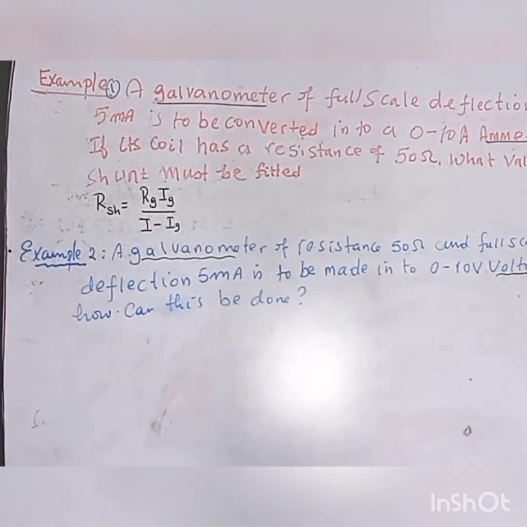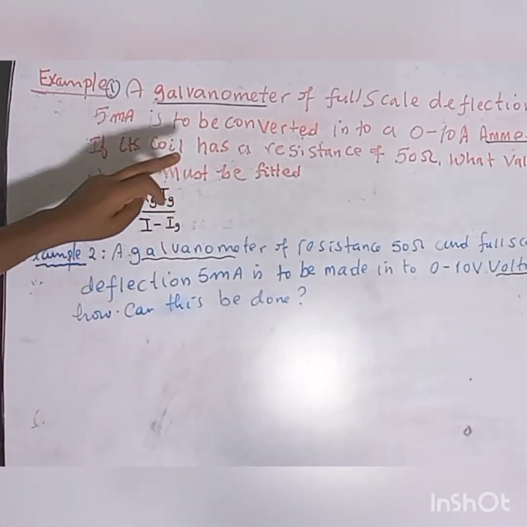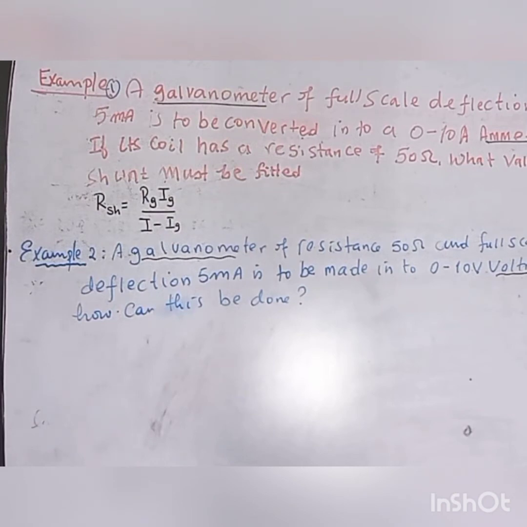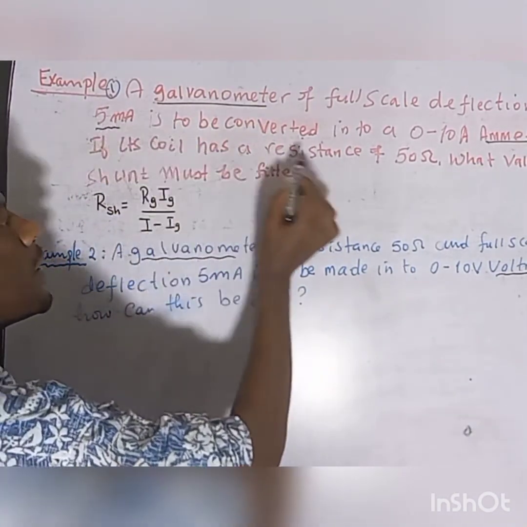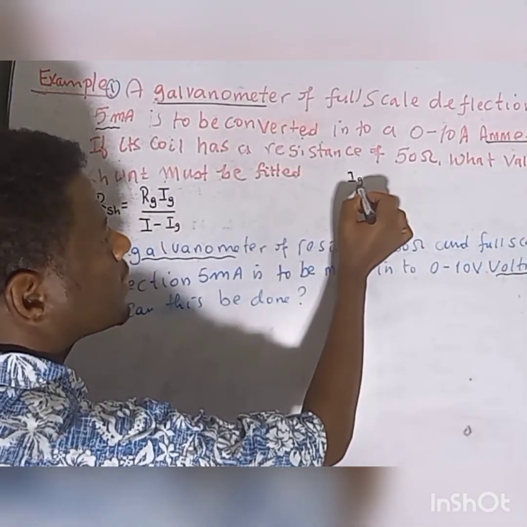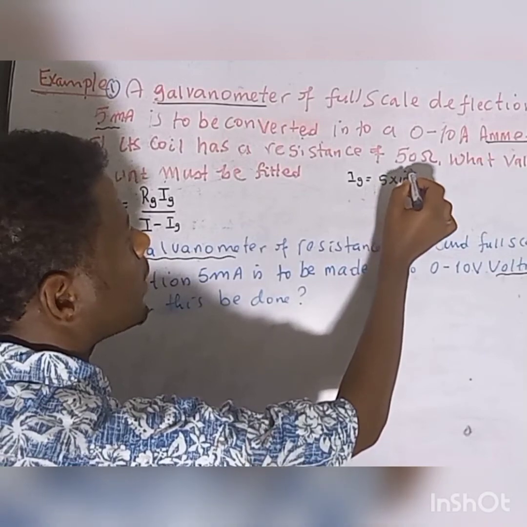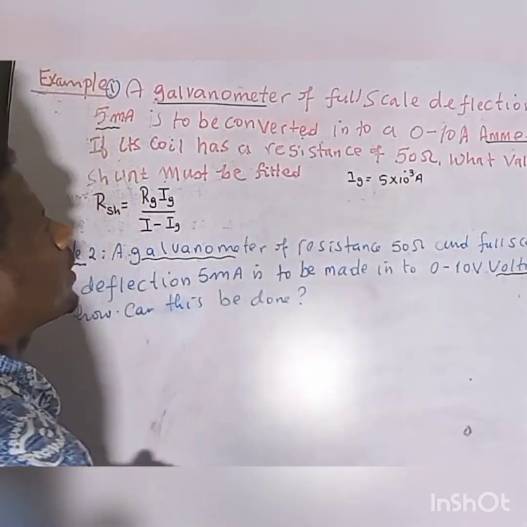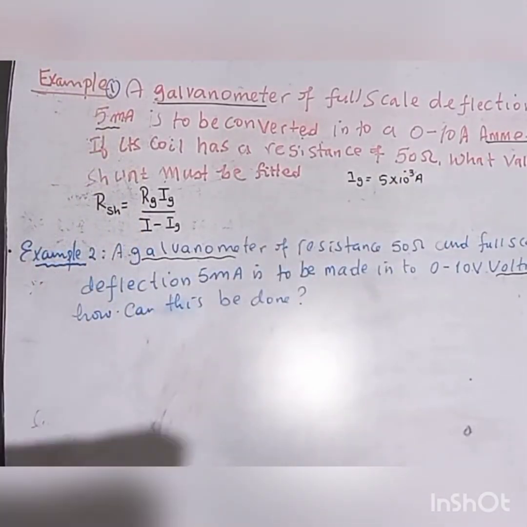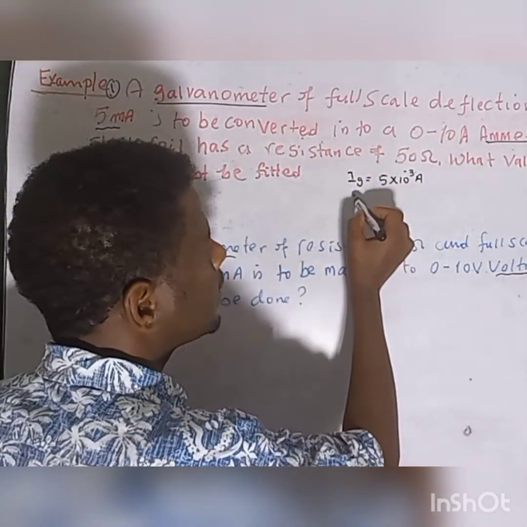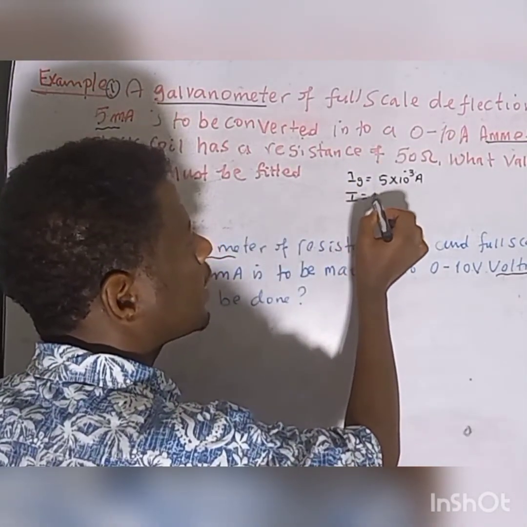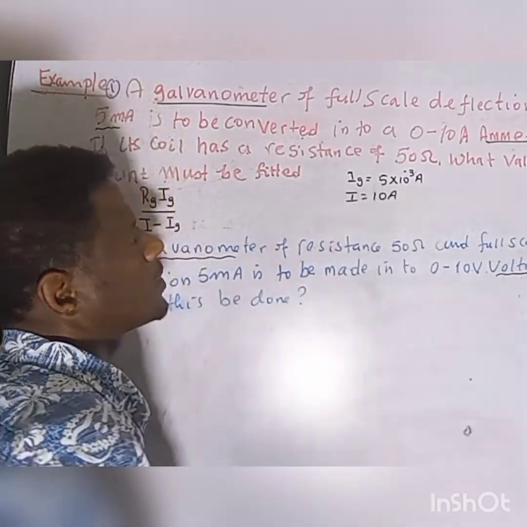We have a galvanometer of full scale deflection 5 milliampere. The current through the galvanometer is equal to 5 times 10 to the power of minus 3 ampere, and it is to be converted into a 0 to 10 ampere range, 10 ampere maximum current.